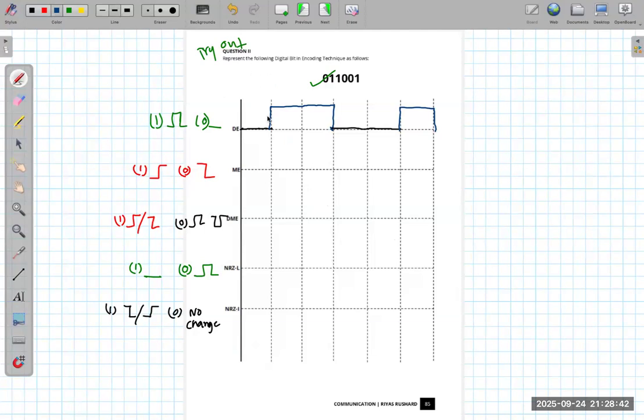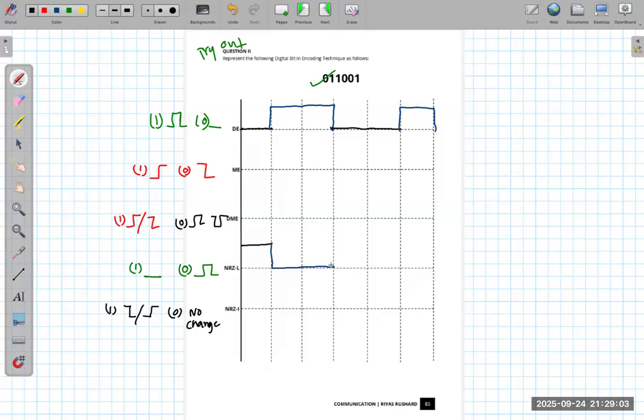Okay, so if it's 1, it is going to be high, 0 goes down, opposite.